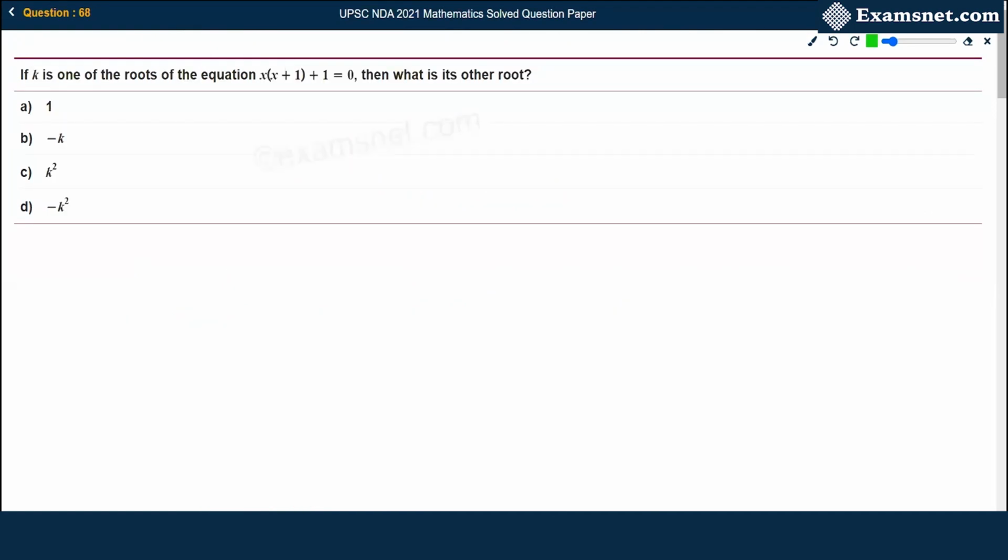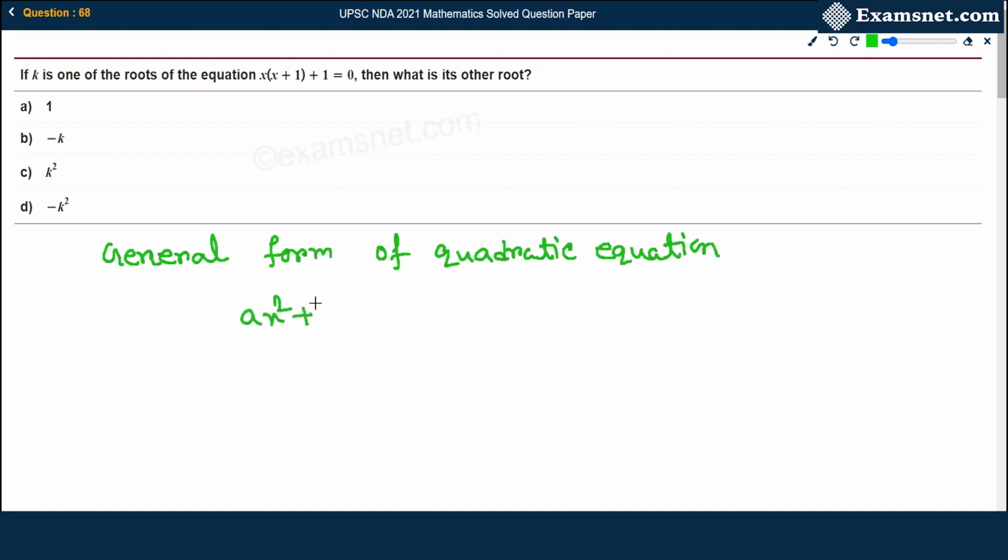In question number 68, it is given that if k is one of the roots of the equation x multiplied by (x plus 1) equals 0, then what is its other root? First, let me discuss the general form of a quadratic equation, that is ax square plus bx plus c equals 0.